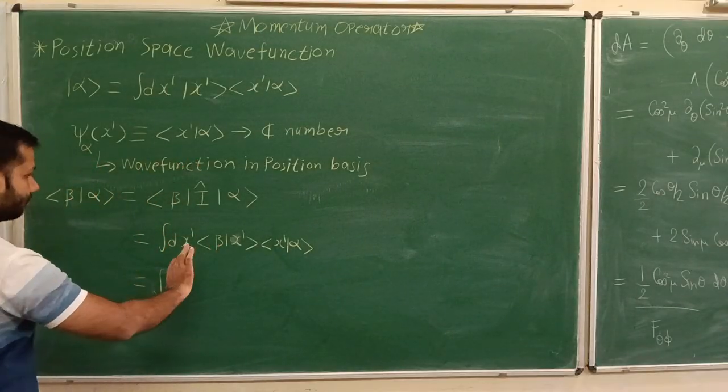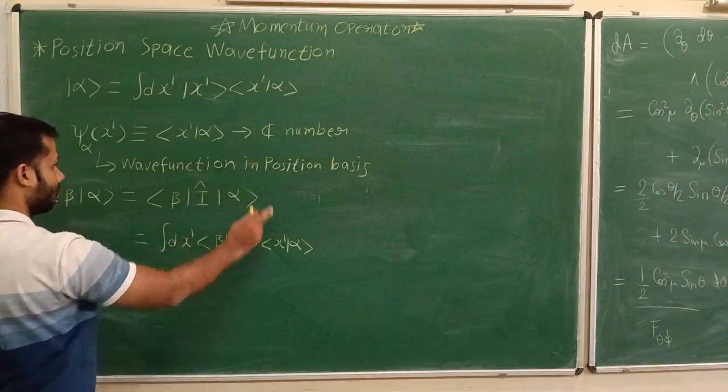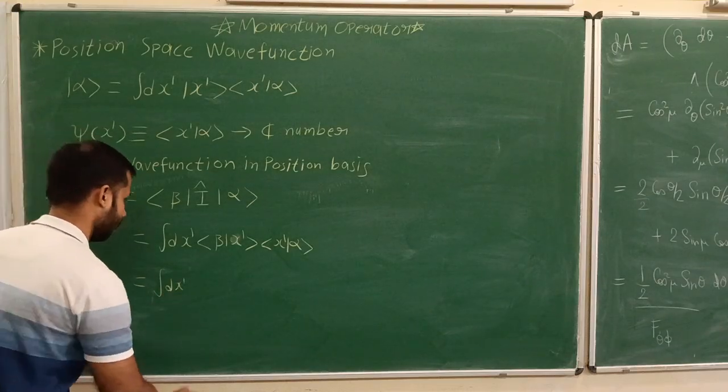So if this is reversed now, since this is a complex number, this will be a complex conjugate.